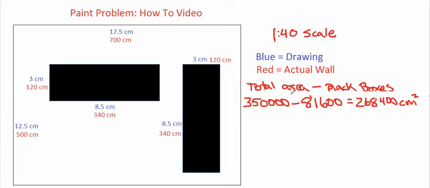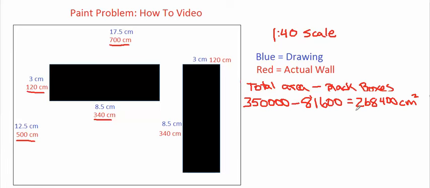My total area was 700 centimeters by 500 centimeters, and that comes out to 350,000, length times width. And then for my black boxes, it just so happens that I've got two black boxes that are identical, so I'm going to do 120 times 340, and then multiply that by the two boxes, and I end up with 81,600.